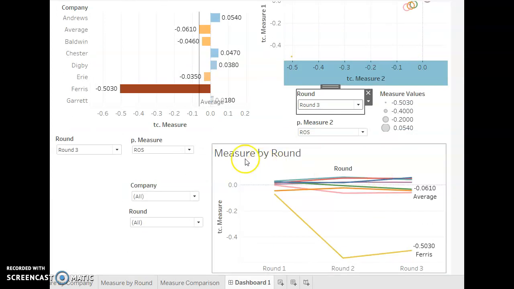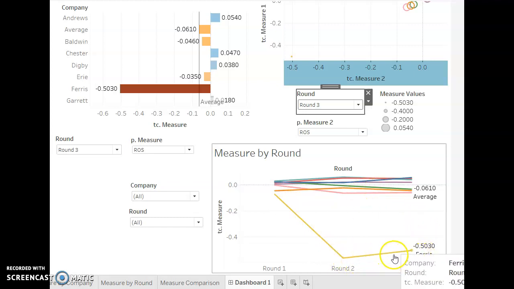And then you could also see that by measure by round. Here in round one, all the companies were kind of in a similar area by the end of round one, but you could see there was a significant difference in round two for Ferris. We were not able to save our decisions after round one, so we were negatively impacted there.